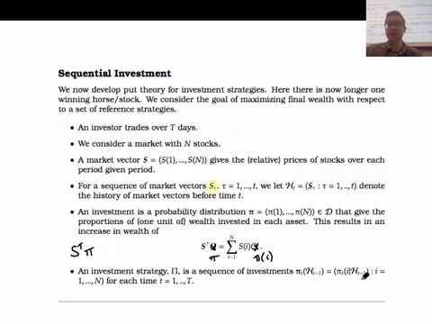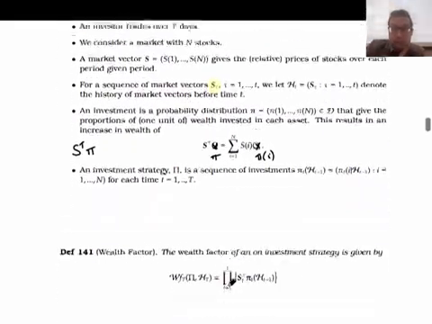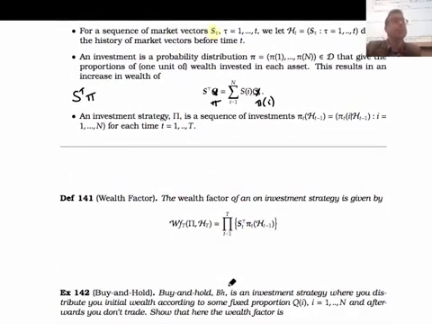So given the history so far, this is the amount of money I'm going to invest in i. And if you do that for each time, that gives us an investment strategy.